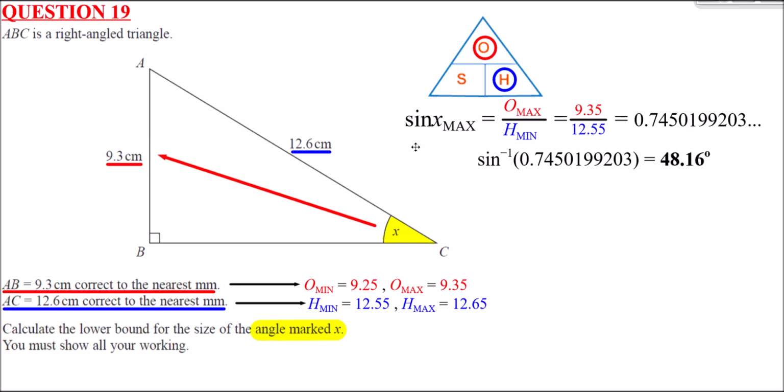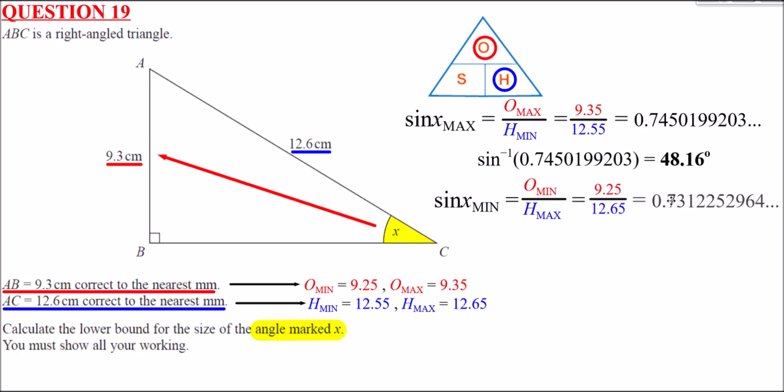So if I now just try the minimum bound, so sine x made minimum will be when the opposite is minimized, then the hypotenuse is maximized. So the upper bound for this one now is going to be O min divided by h max. The minimum opposite would be 9.25. Maximum hypotenuse is 12.65.